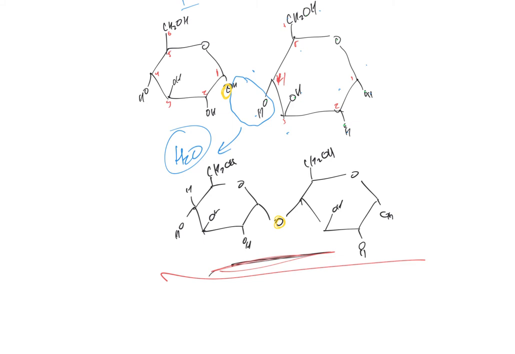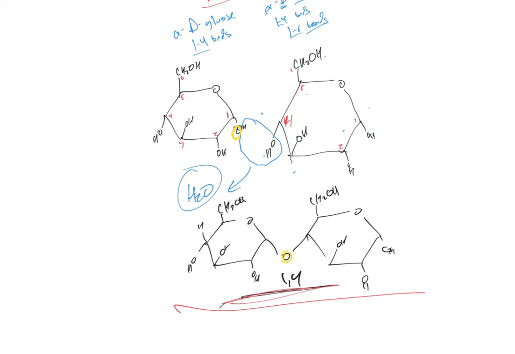So this is a 1,4 bond. This is a 1,4. Right? If I form a bond between the 1 and the 6, if I go from there, that's a 1,6 bond. A 1,6 bond creates a branch.